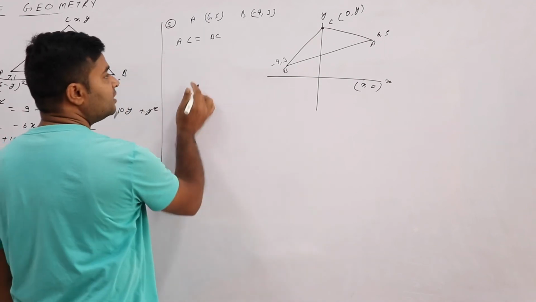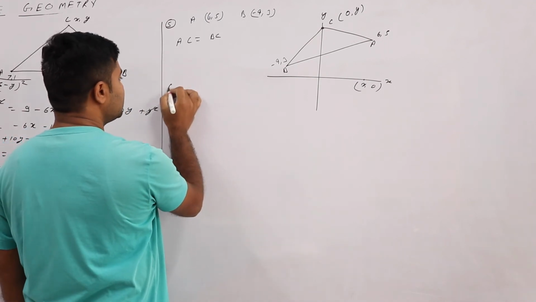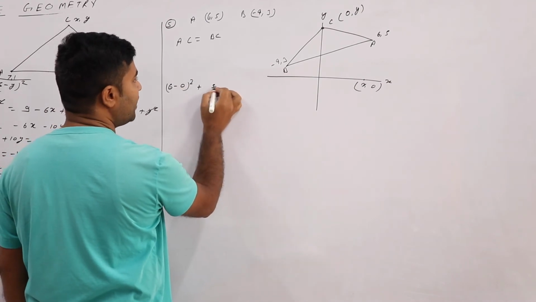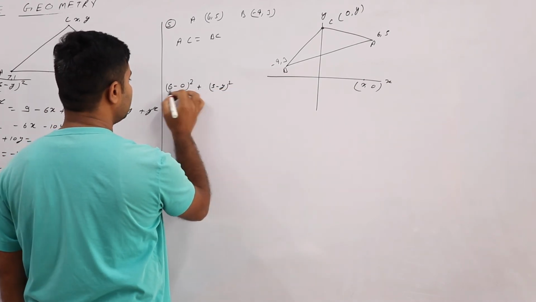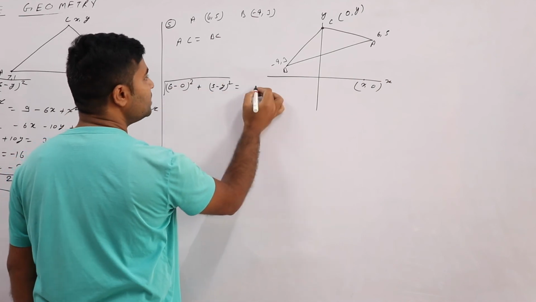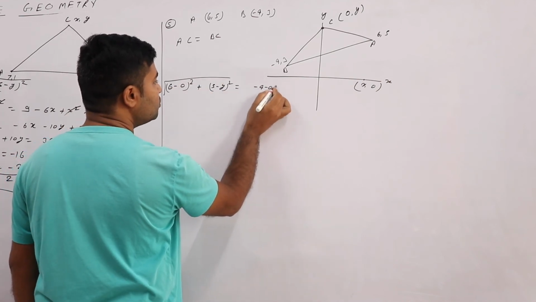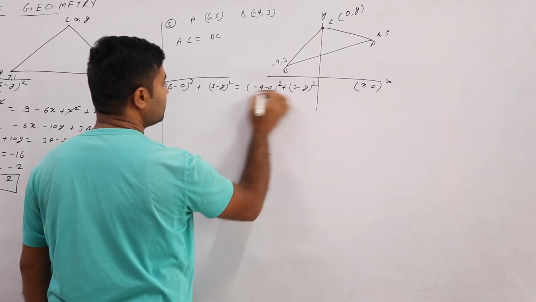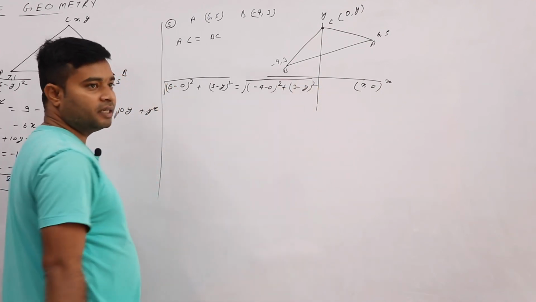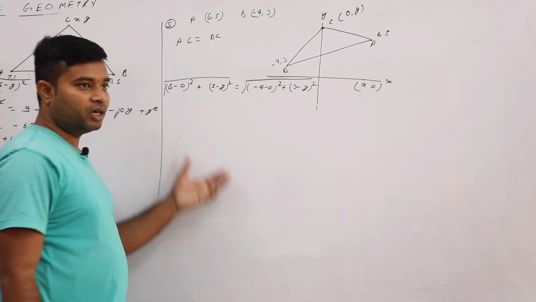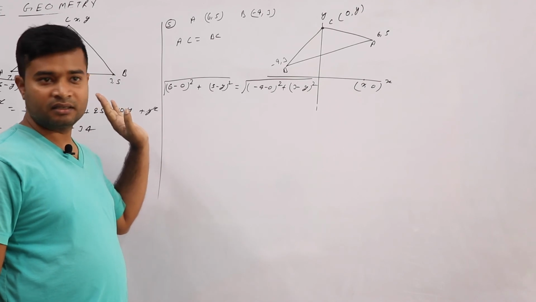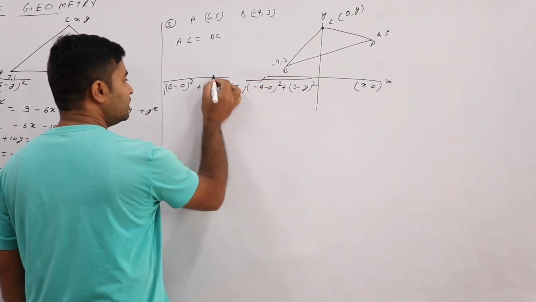So AC means the square root of (6 minus 0) square plus (5 minus y) square, is equal to BC, the square root of (minus 4 minus 0) square plus (3 minus y) square. If you do not know the distance formula, you can't do this. Now the roots cancel.